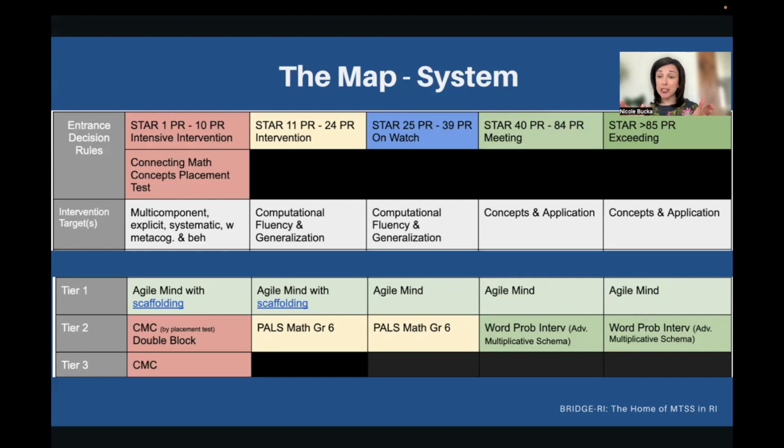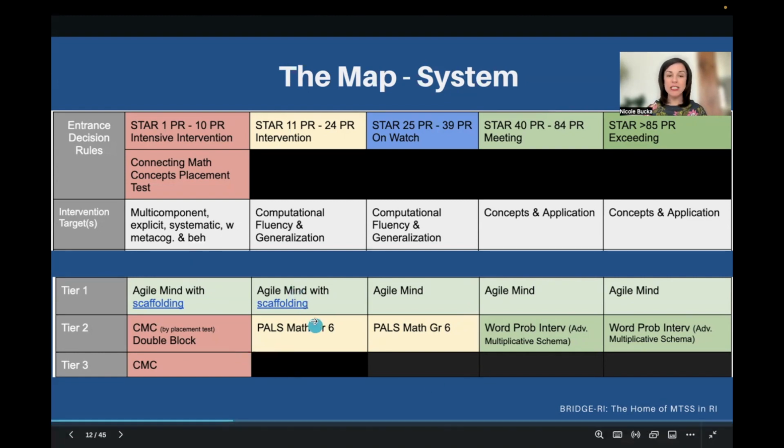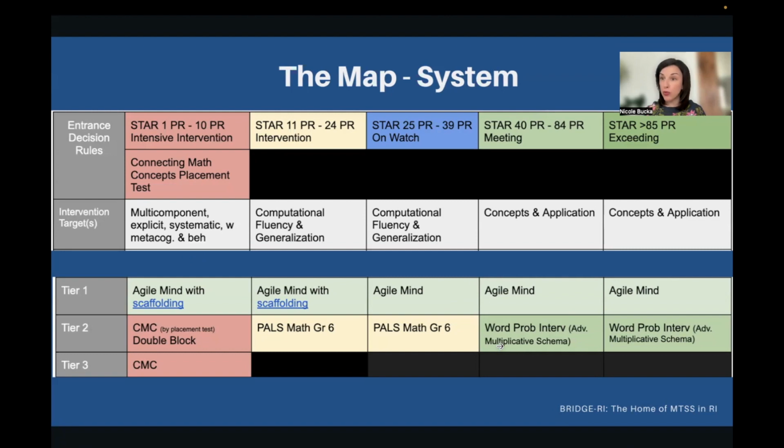How is that special educator supposed to address a concepts and application need, a fluency need, and an explicit multi-component need all in one group with one time slot? That's never going to happen. That won't work. So what we find is if we put students with IEPs in the correct category, then they have least restrictive access to the intervention that is most suited to their needs to ensure progress.